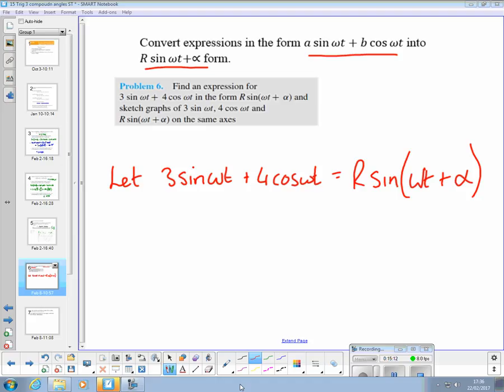As we've done earlier tonight, how could we write sine omega t plus alpha?